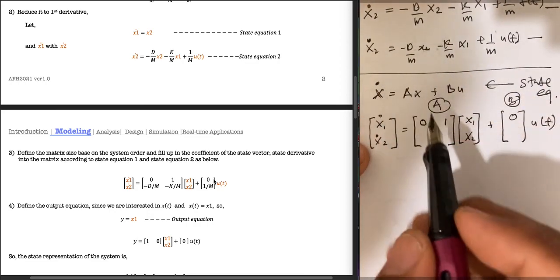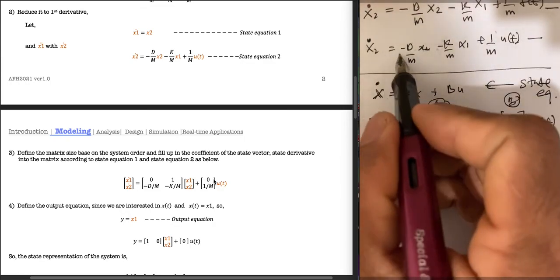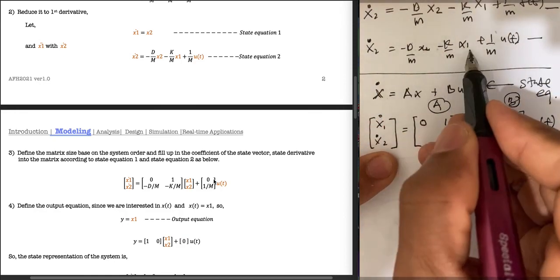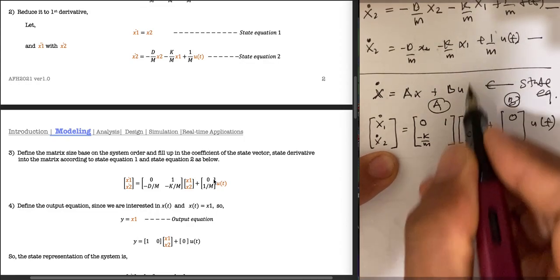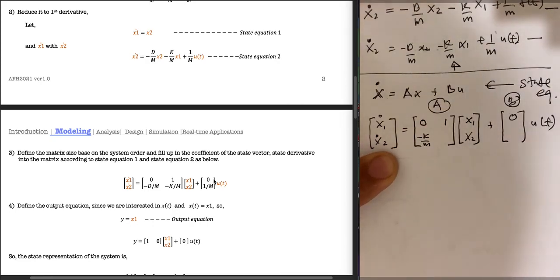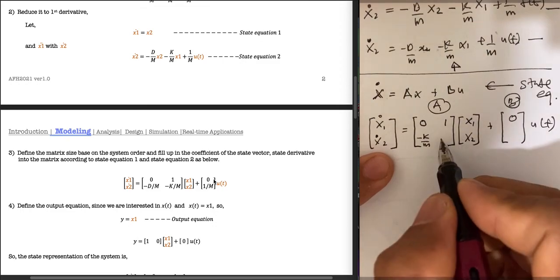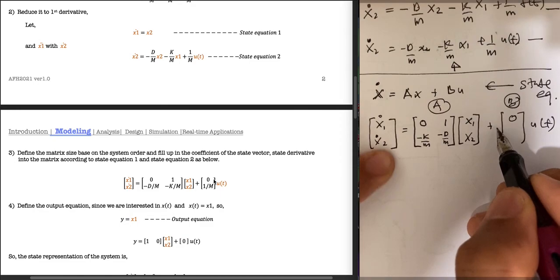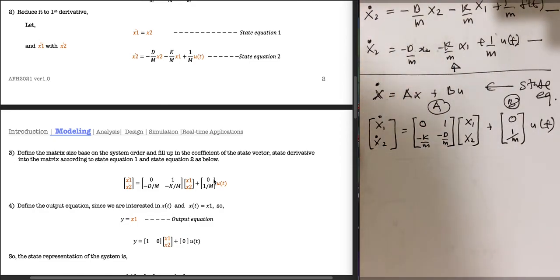For x2, we can get from the second state equation, x2 dot equal to minus k over m x1, so we have right here minus k over m x1, which is this one. And then minus d over m x2 plus 1 over m u(t), right? So that's how we get this.